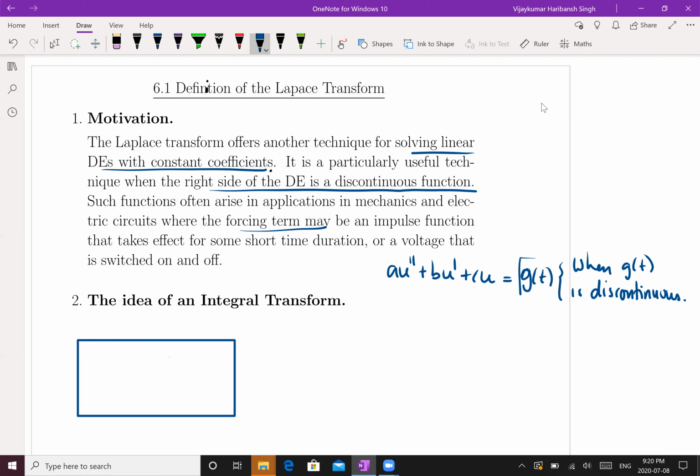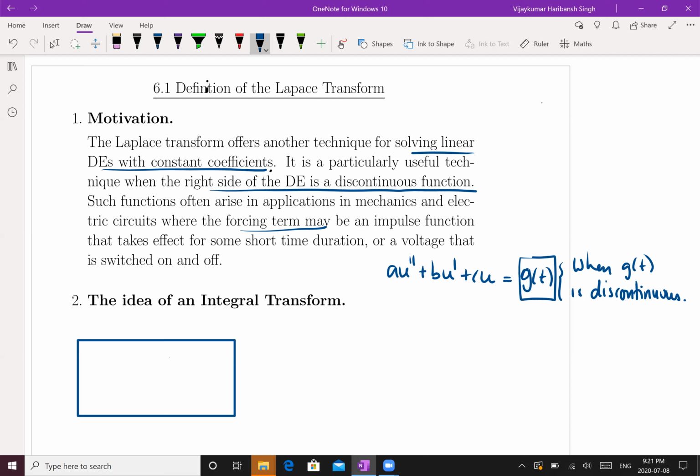When we were doing the motion of a spring, g of t is a forcing function. If g of t is an impulse function, that means it takes effect only for a short duration of time, or it's like a voltage which turns a switch on and off, you get a discontinuous function. And we'll use Laplace transform to solve these problems.